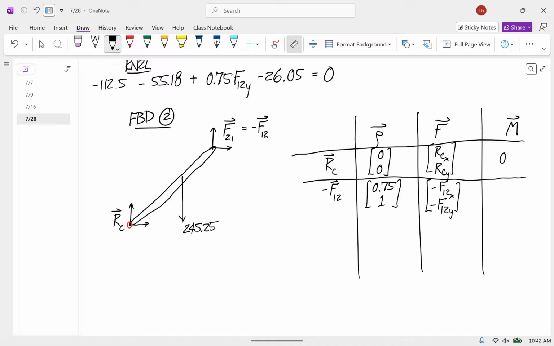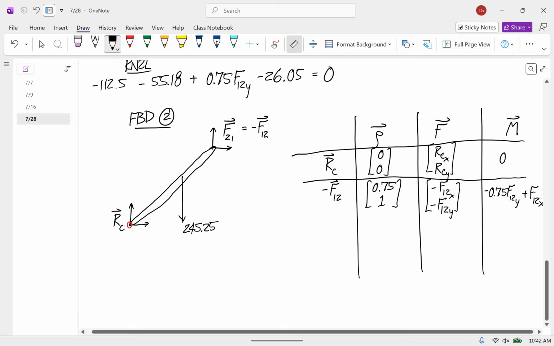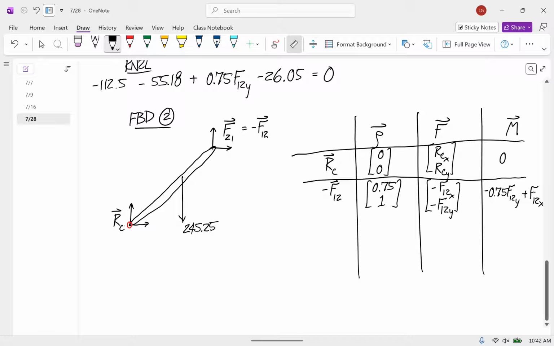And the cross product is negative 0.75 F12y plus F12x. Remember, this is just a z component, so those aren't two components of a vector. That's all added together to a single component.